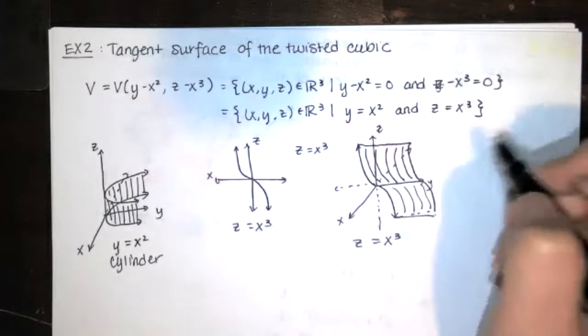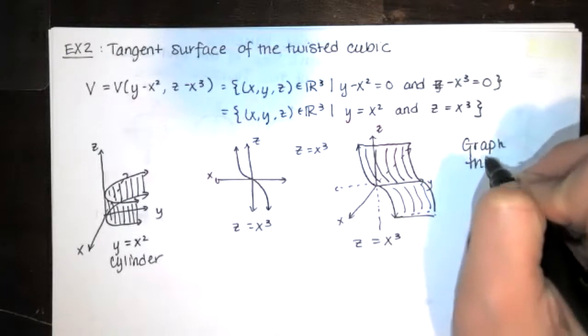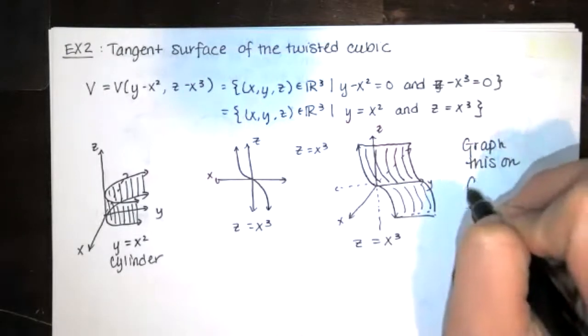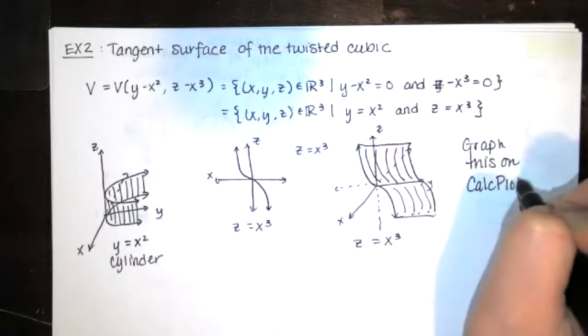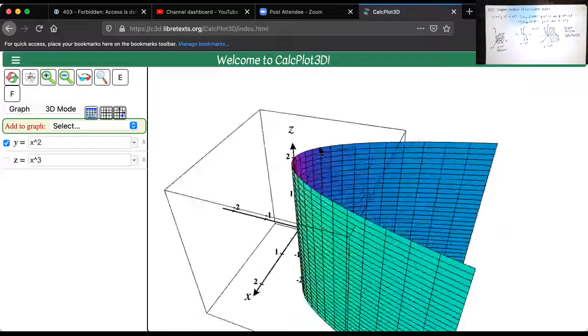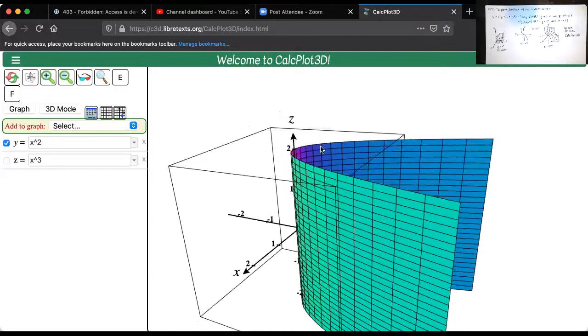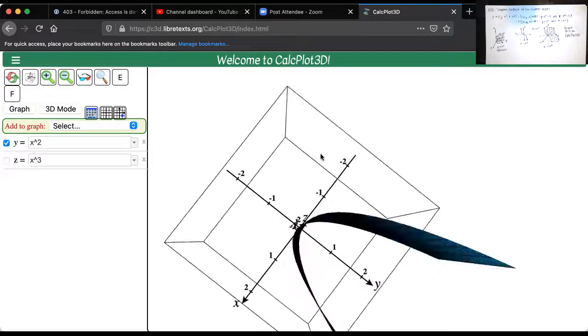Let's graph this on CalcPlot 3D. So right now I have y equals x squared graphed up here. So you can tell when you look at this from above that that's y equals x squared.